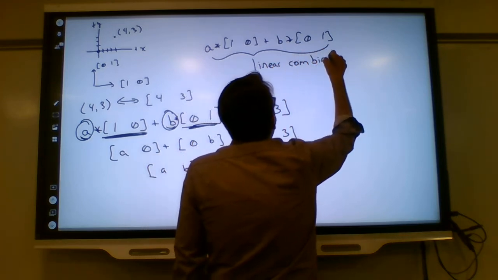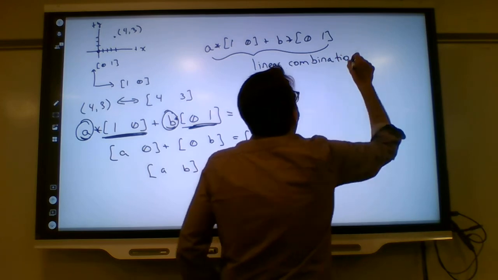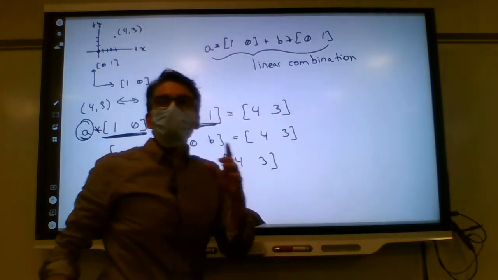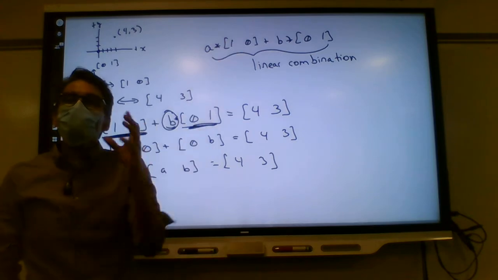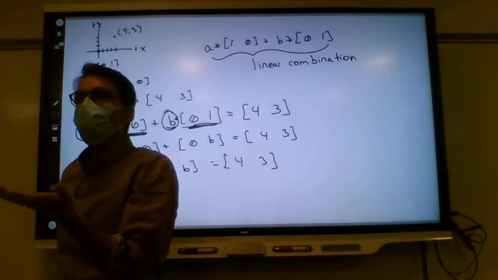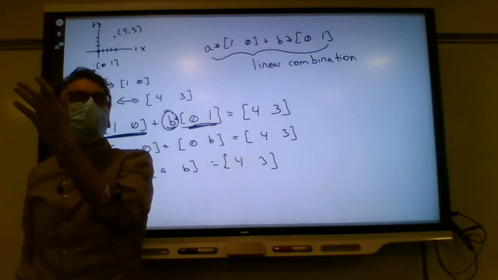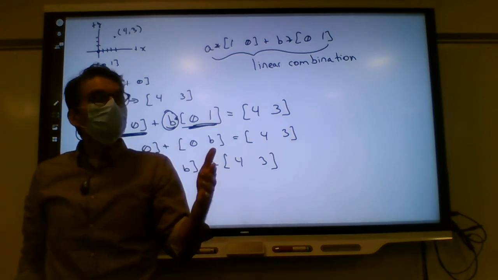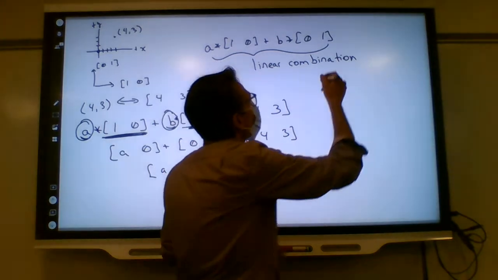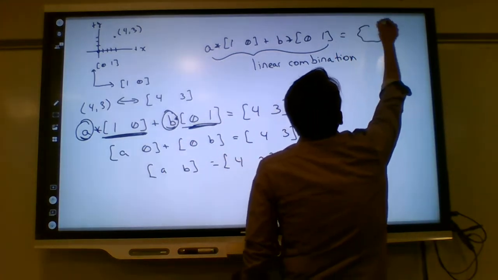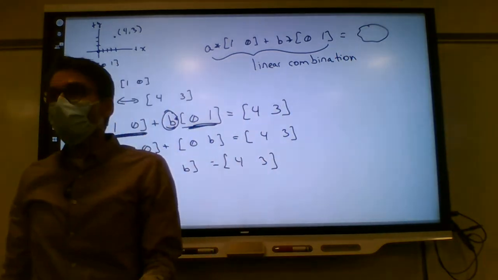A linear combination because if you think about the 1, 0, that kind of represents the x, and the 0, 1 represents the y. And what do we have? We have ax plus by. And what is that equal to? This is equal to some target, some particular point that we want to reach.